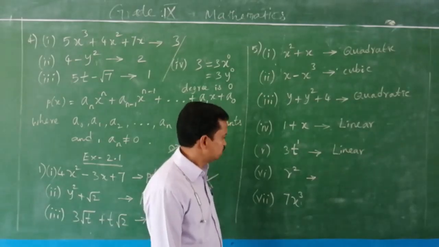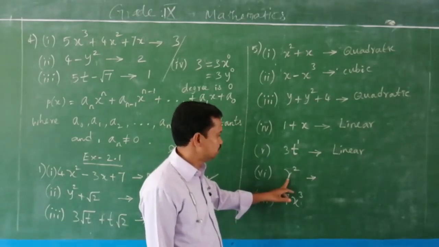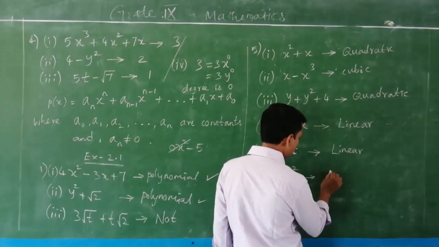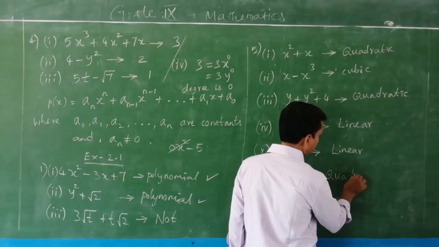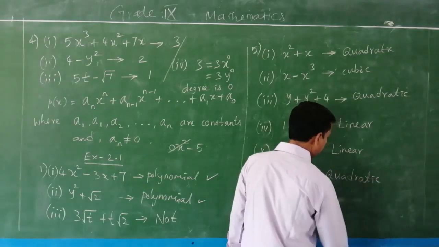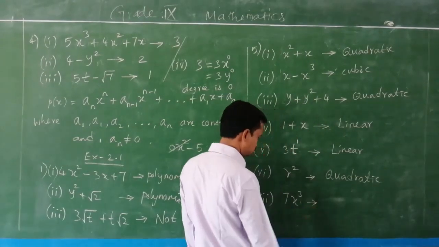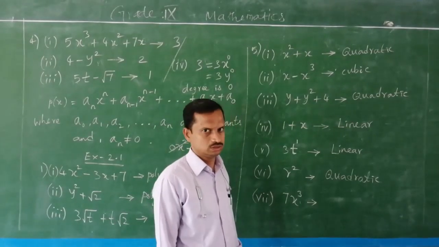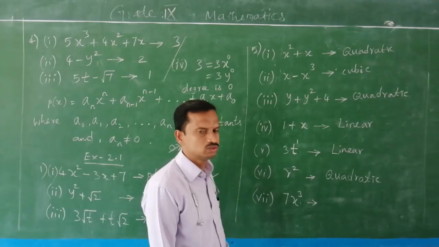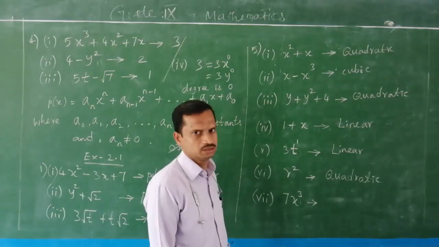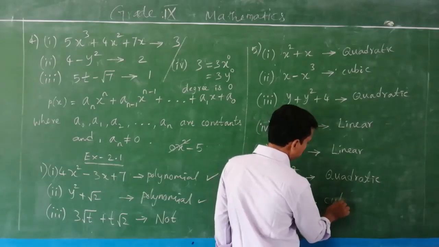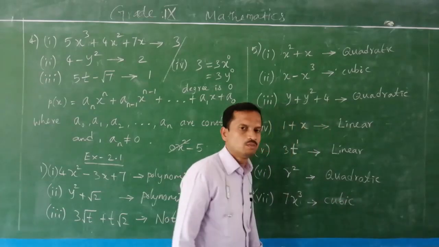Its degree is 2, so it is a quadratic polynomial. The last option is 7x cubed. Here the variable is x and the exponent is 3, which is the highest power, so the degree is 3 and it is a cubic polynomial.